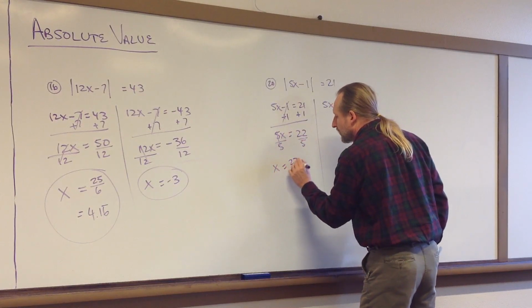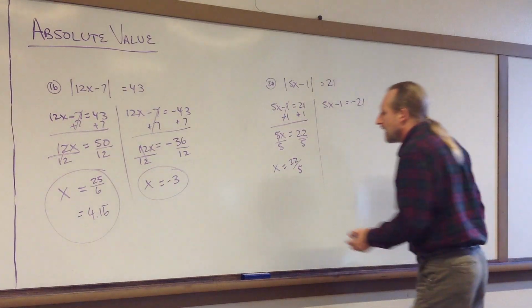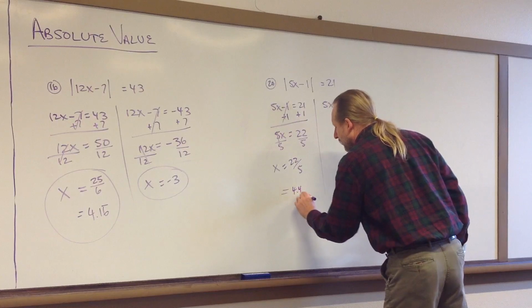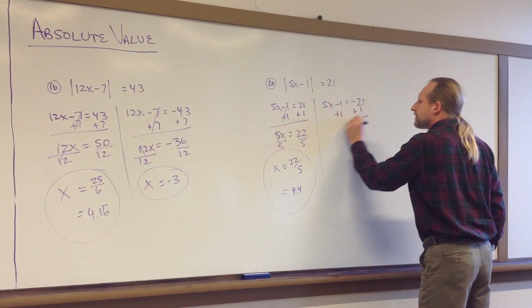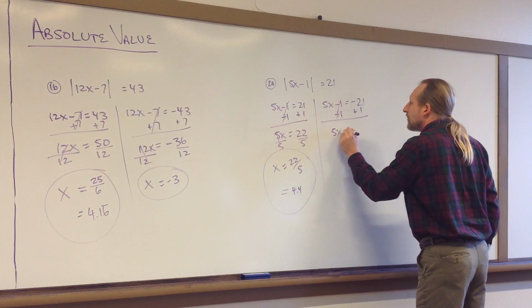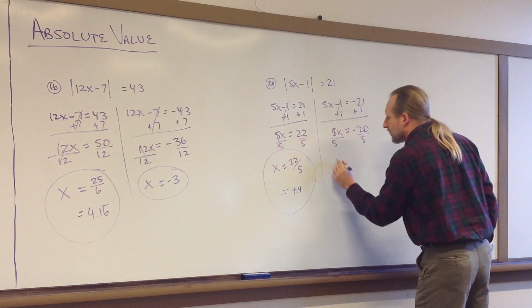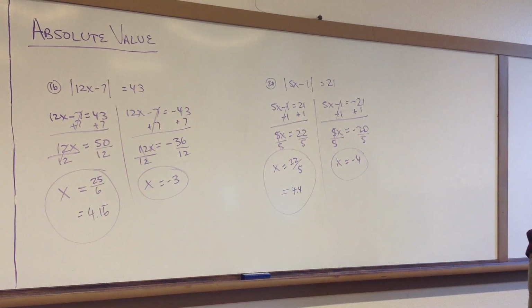And x is 22 over 5. And there's no need to change it. You can call it 22 over 5. That's fine. If you like decimals, what's that going to be? I think it's going to be 4.4. Okay, here. Add 1 to both sides. That'll make negative 20. Divide on both sides by 5. And x could be negative 4.